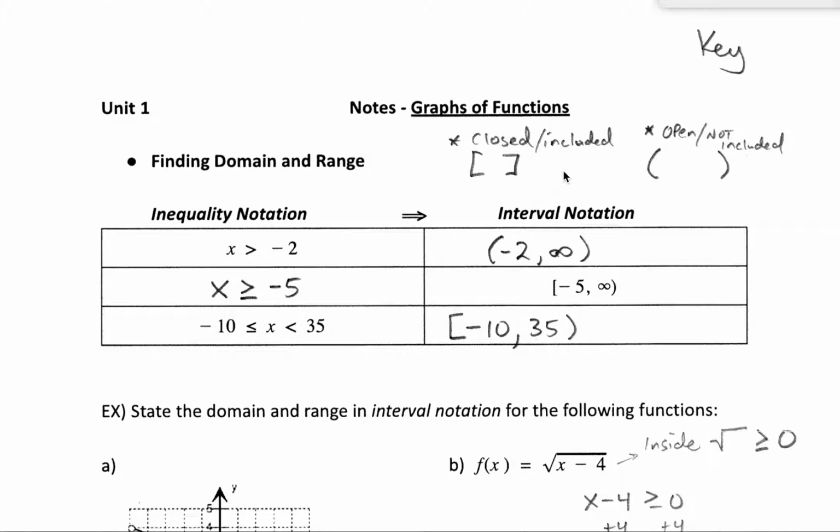So interval notation has two symbols. You can either use a bracket, which means that you have a closed or included point. So if you see a solid dot on a graph, that's closed or included. If you're including that value, use a bracket. Or we could be using parentheses, and parentheses are for those open or not included points on your graph.